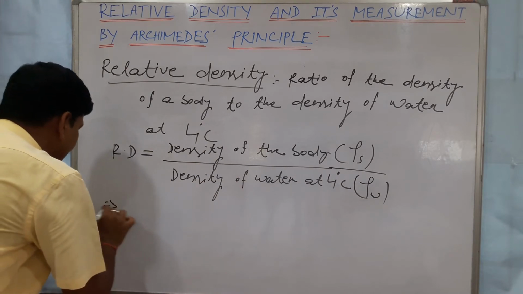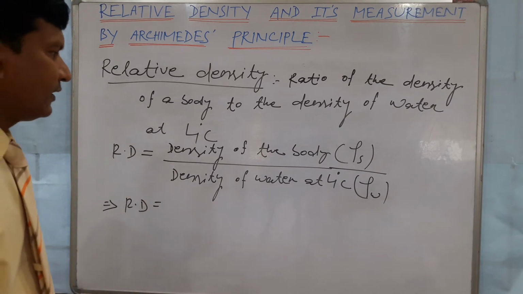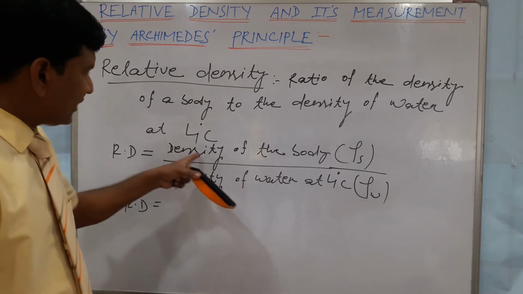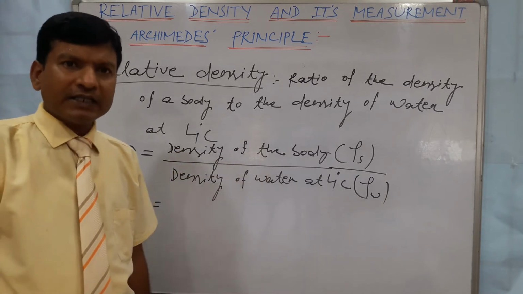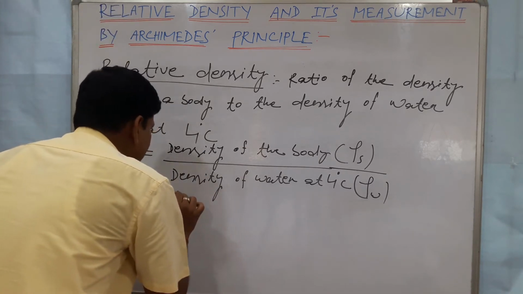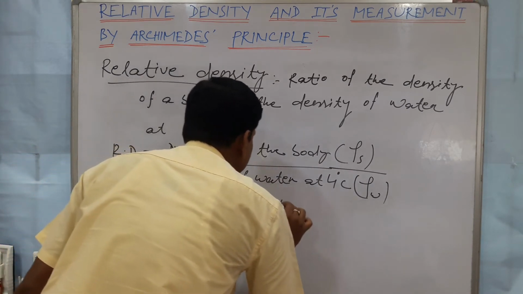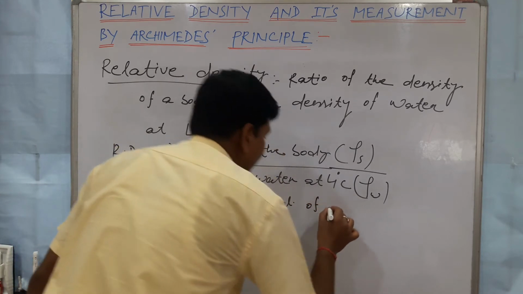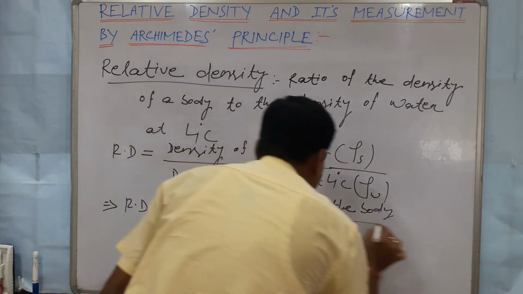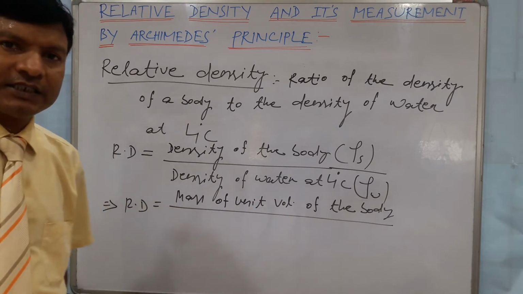That implies we can write relative density is equal to, what is the density of the body? The density of the body means the mass per unit volume of the substance. So in place of the density of the body we can write the mass of unit volume of the body, divided by, here also, the mass of unit volume of water at 4 degrees Celsius, isn't it?